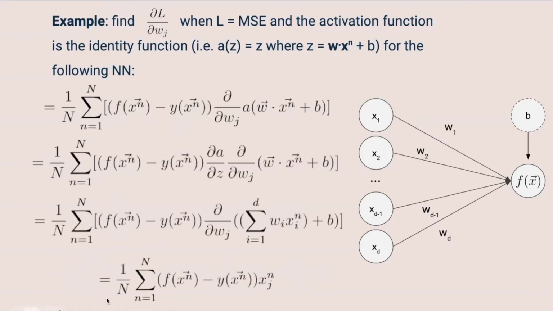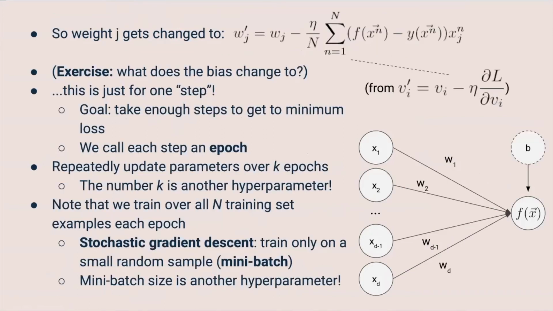At the very end, you would get something that looks like this. So this would be our actual derivative right here. And for each weight, we could just plug that back into our update equation. And this is what we would need to follow to change each parameter in such a way that we're actually decreasing our loss.